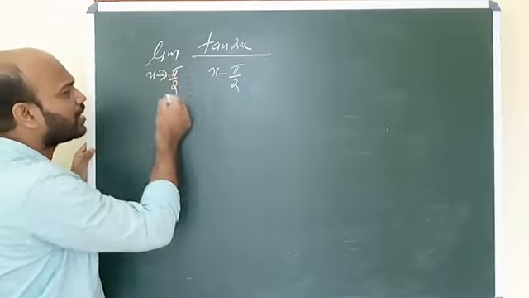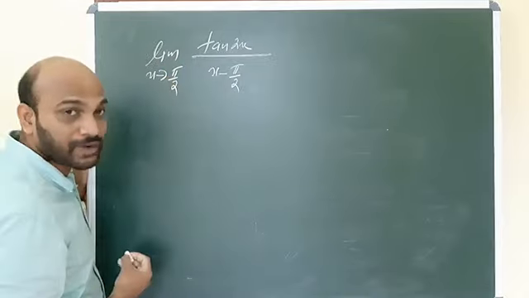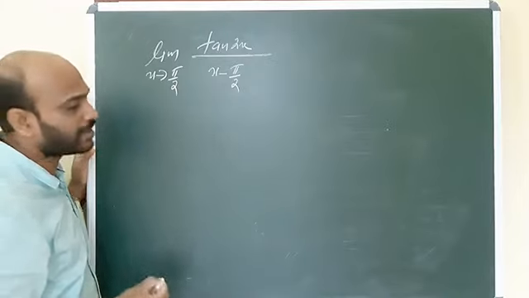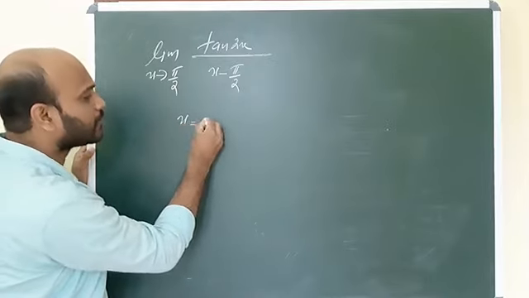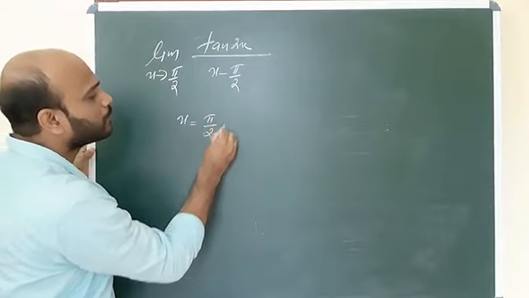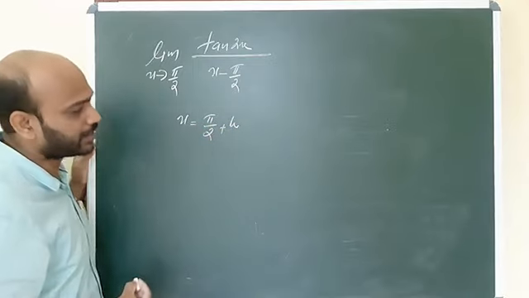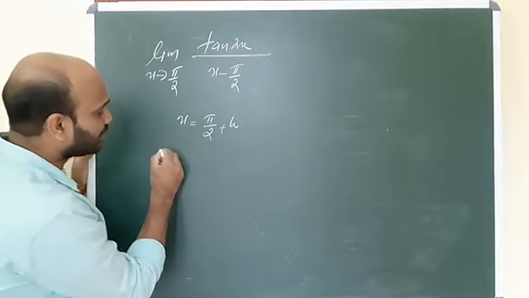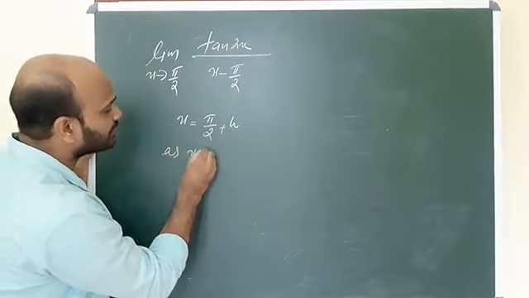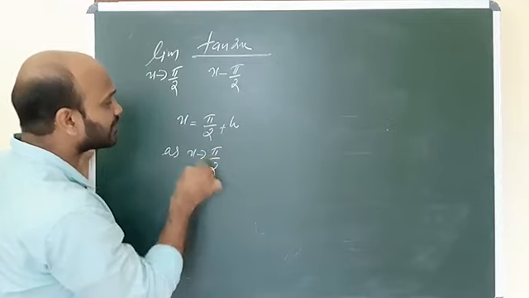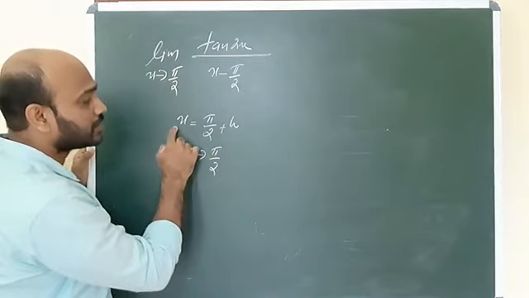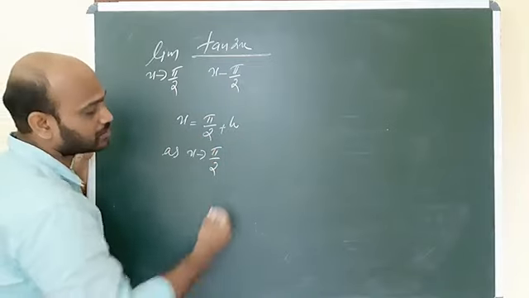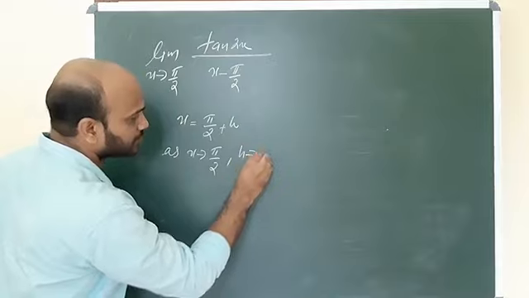Since it is not equal to 0, we can apply one method. X tends to pi by 2 means x is very near to pi by 2. So we can take x equal to pi by 2 plus h or pi by 2 minus h. By using this substitution, we can change this function. As x tends to pi by 2, x equal to pi by 2 plus h, so h tends to 0.